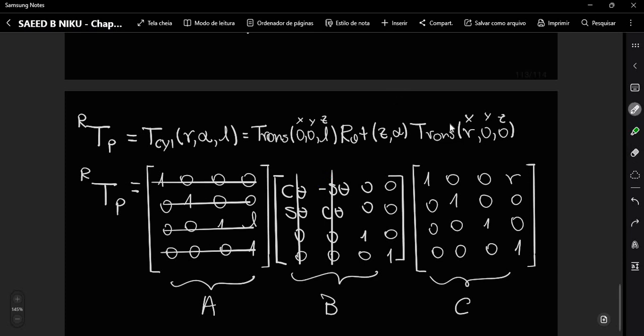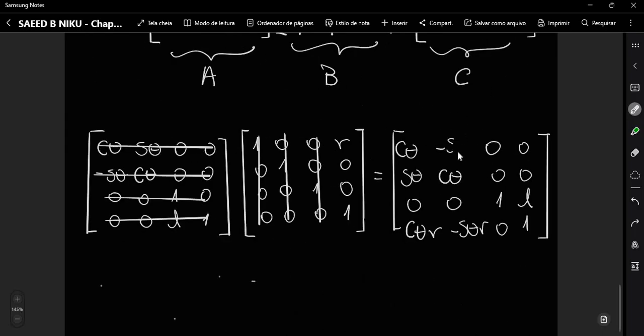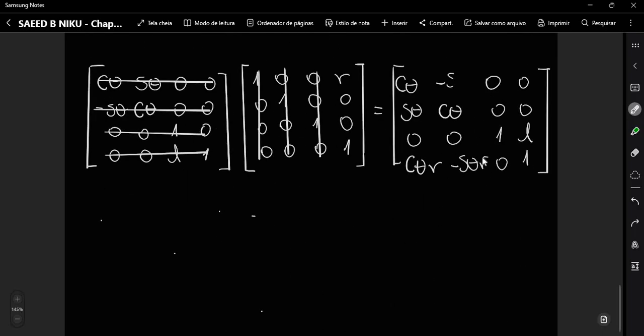Because when I copy the characteristic matrix of rotation about the axis Z, I copy the matrix with the elements, and this theta comes together. So right here we will just change it to alpha.